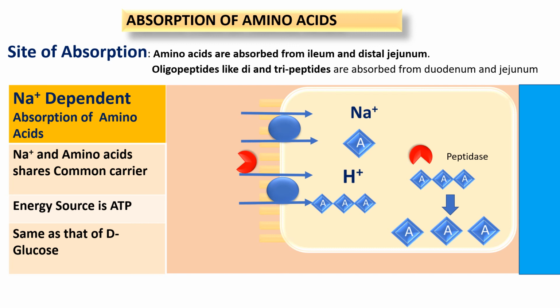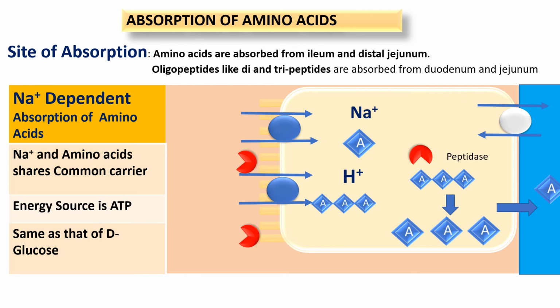Now here you can see there is the absorption, and the sodium ion is elevated in this mucosal cell, so it has to go outside. The sodium ion and amino acid move inside the cell against the concentration gradient.